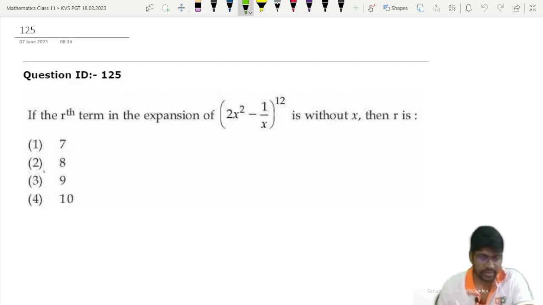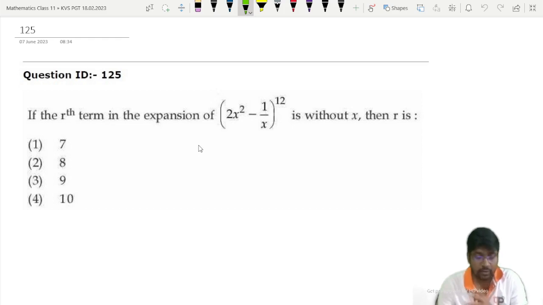Question number 125. If the rth term in the expansion of (2x square minus 1 by x) whole to the power 12 is without x, then r is what? So basically we have to find which term is without x, or free from x.